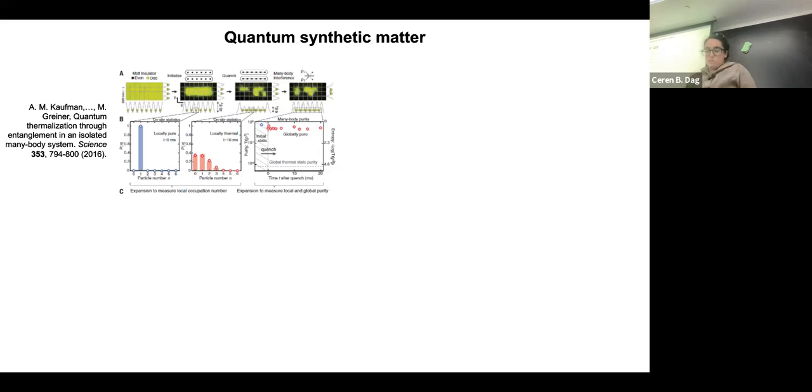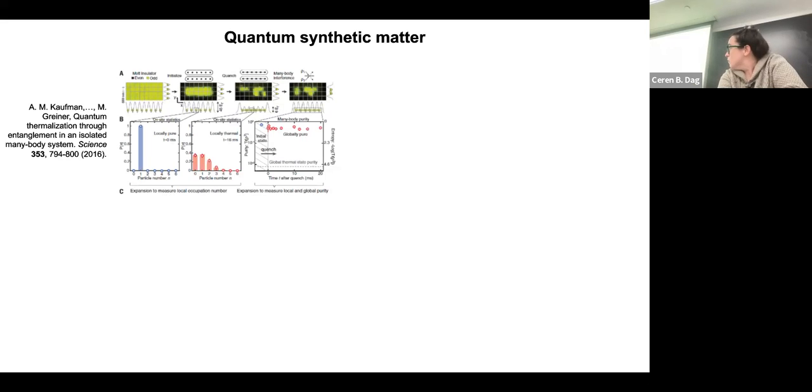Some notable examples, definitely not limited to these: in the past few years, we were able to measure entanglement entropy and probe thermalization in closed quantum systems in optical lattices, the one that you see here.